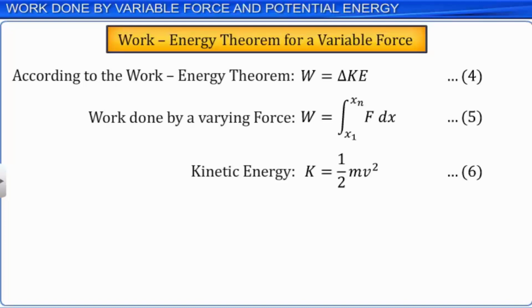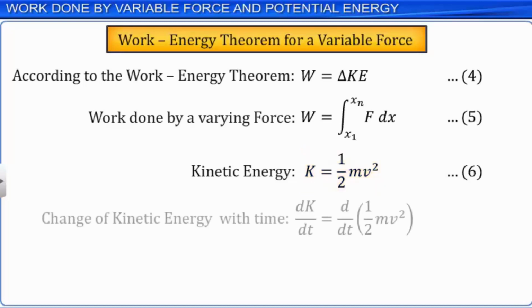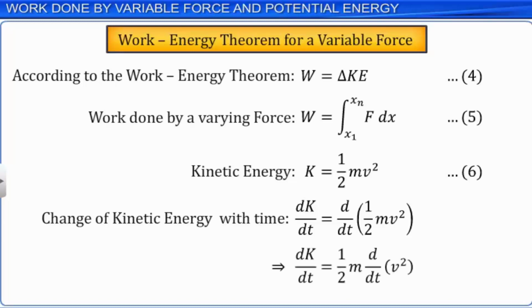On differentiating equation 6 with respect to time t, we get the rate of change of kinetic energy as dK by dt is equal to d by dt of half mv square. Thus, on simplification, we get dK by dt is equal to half m d by dt of v square.